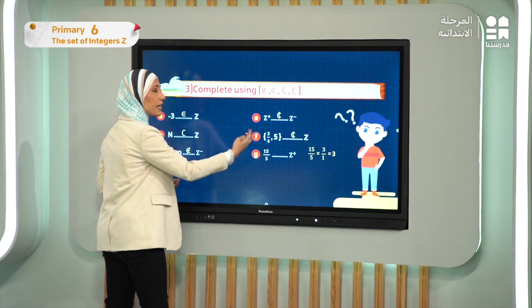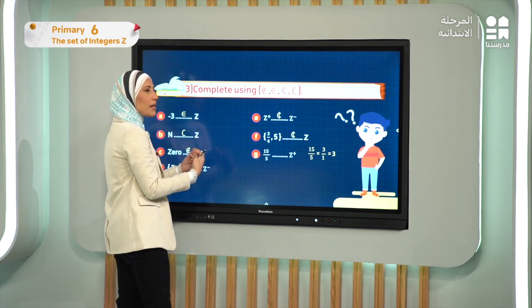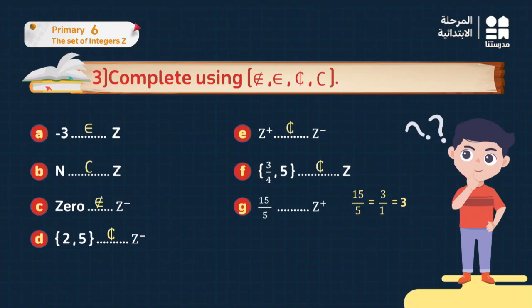So here they give it to you to confuse you. 15 out of 5 is supposed to be 3. 3 with z positive: 3 belongs to the z positive, of course, because it is a positive integer.